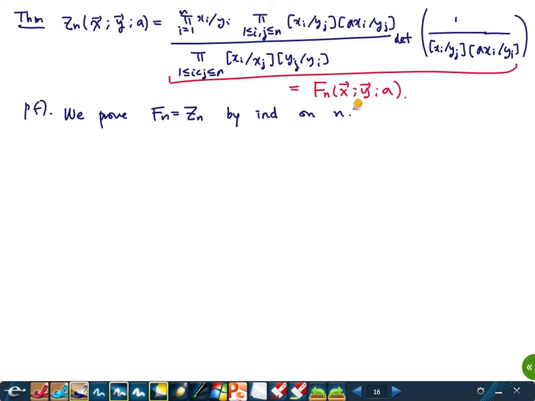We're going to prove this by induction. The initial case, n equals 1 or n equals 2, can be checked. The initial case is easy, so we can check n equals 1 and 2.